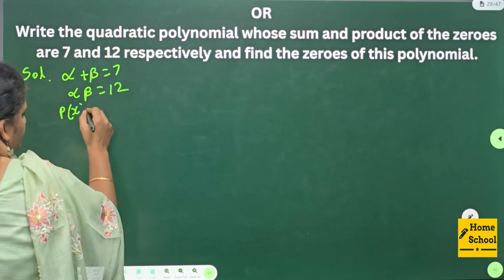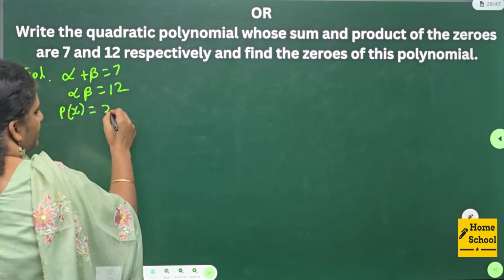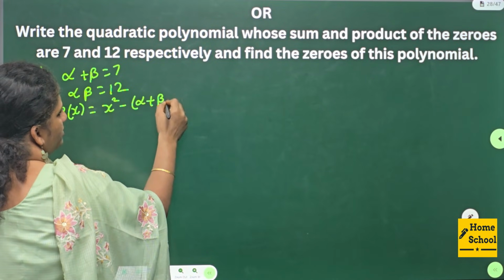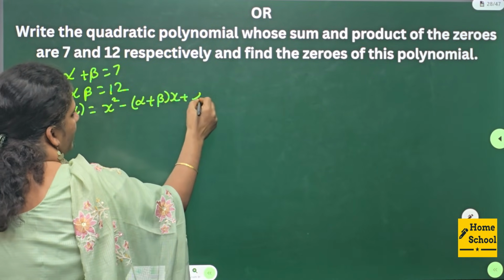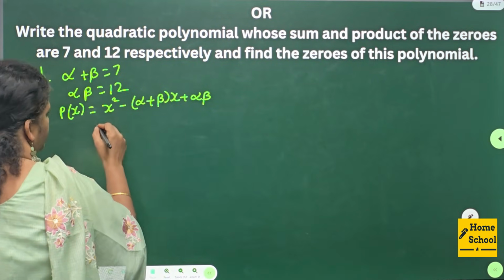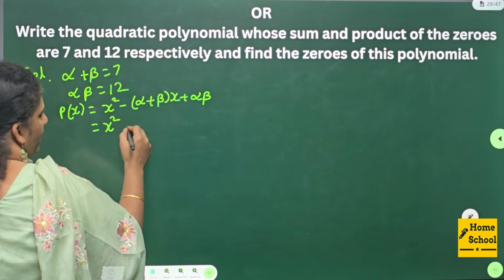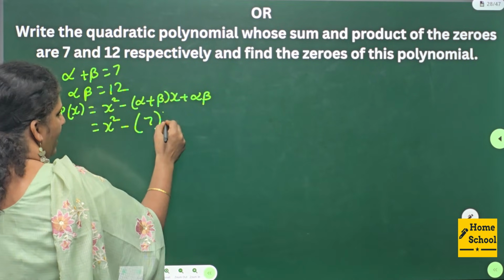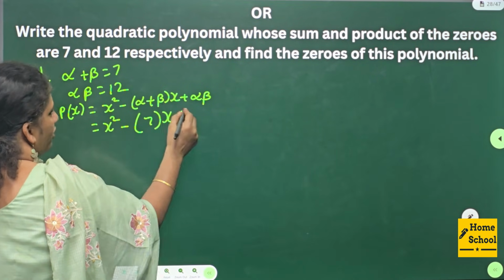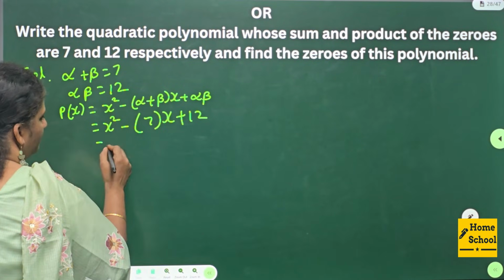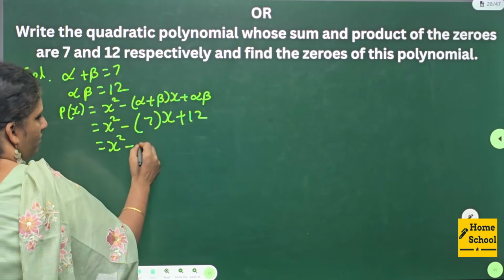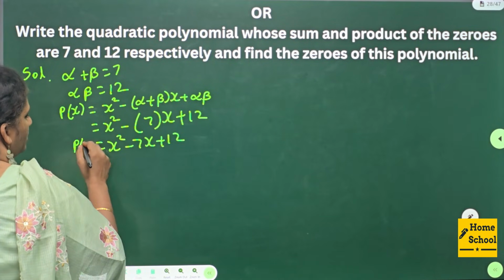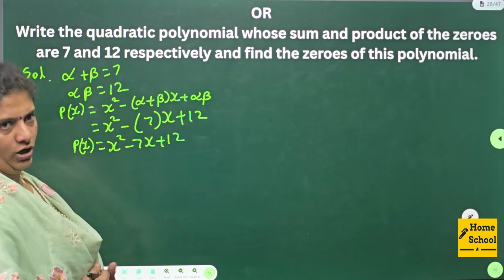P of x is equal to x square minus sum of zeros into x plus product of zeros. X square minus alpha plus beta value is 7x plus product of zeros is 12, that is x square minus 7x plus 12 is the required quadratic polynomial.